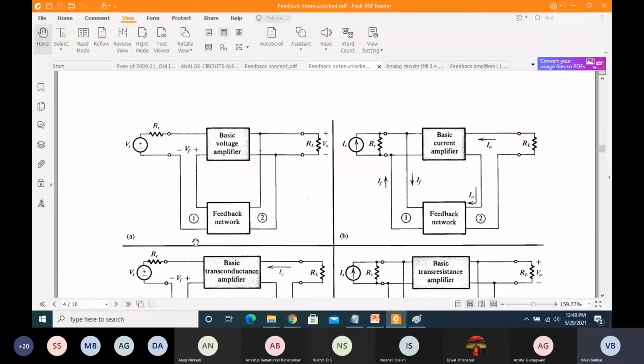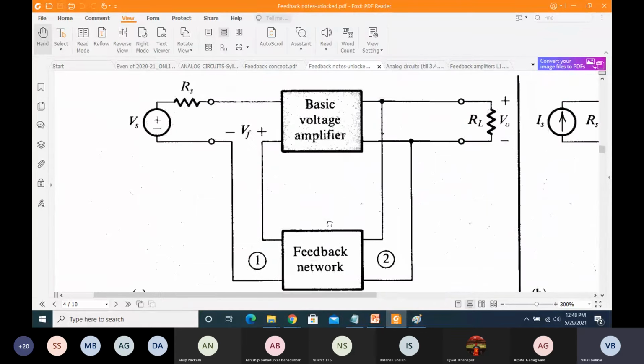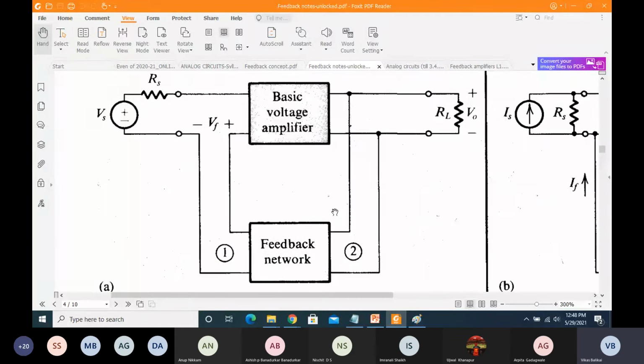If I talk about the first one, the voltage amplifier, here the input is voltage and the output is also voltage, that is V0 upon Vi. The configuration we learned in our op-amp is basically the voltage amplifier. When the output is in terms of voltage and the input is also in terms of voltage, we call that configuration a simple voltage amplifier.